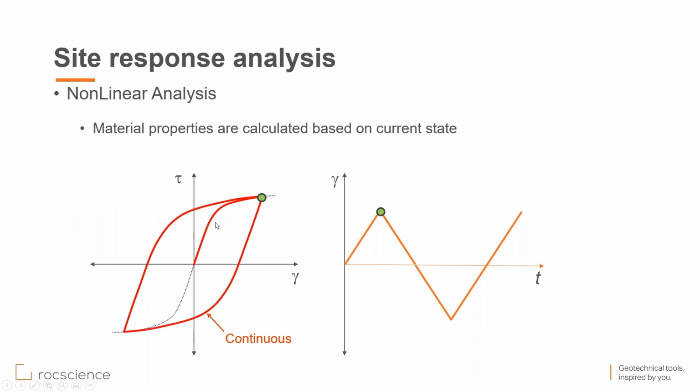At the beginning of the cyclic load, the stress and strain relationship will follow the curve called the backbone curve, and then when it reverses the direction of the shear strain, the stress and strain relationship will follow the cyclic stress strain relationship, and this will keep going on.